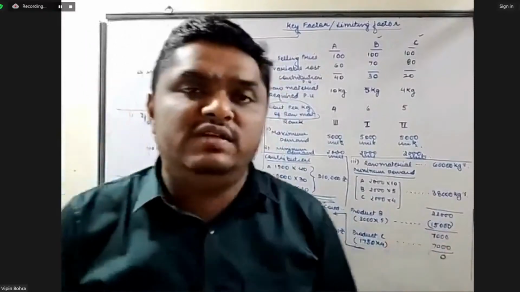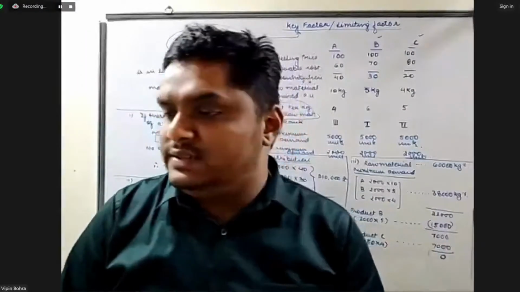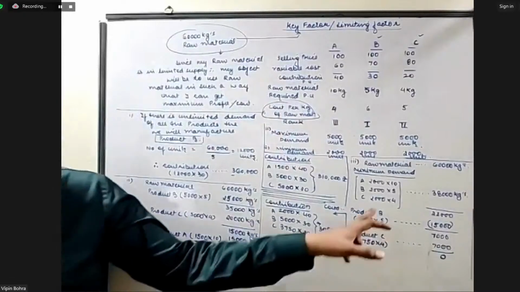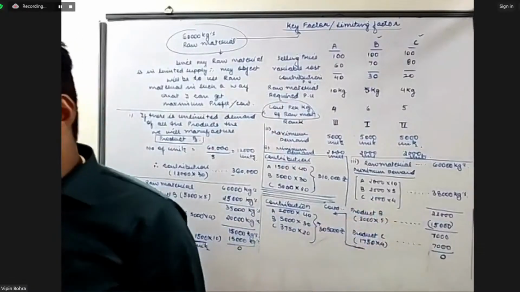That's why I have manufactured 1750 units of product C. 2,000 plus 1750.